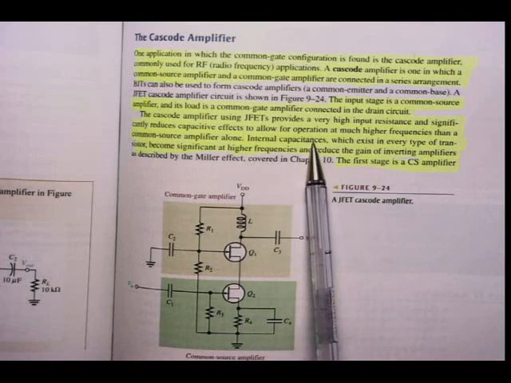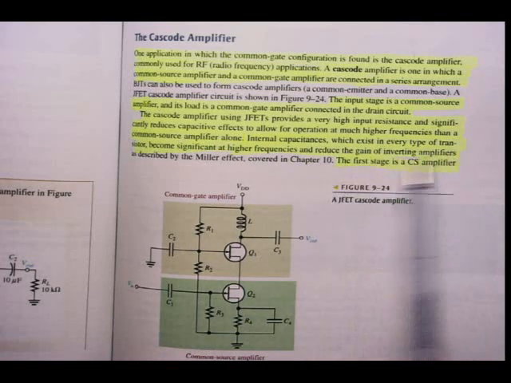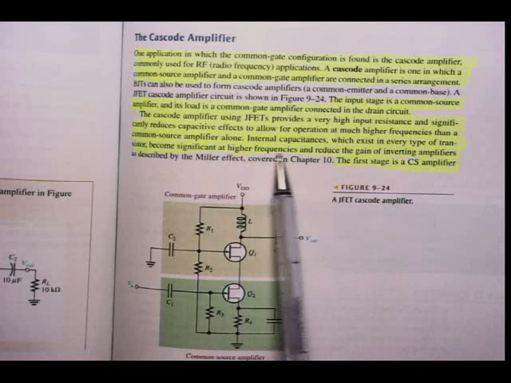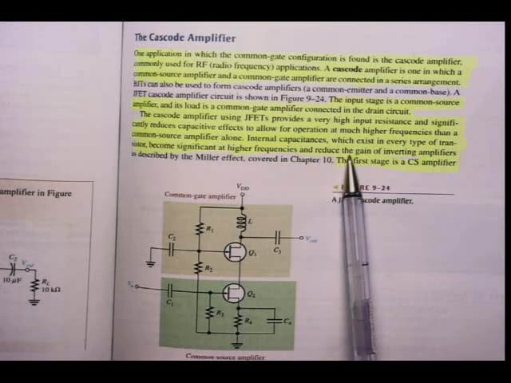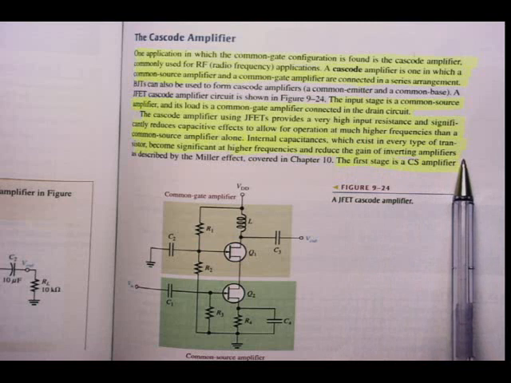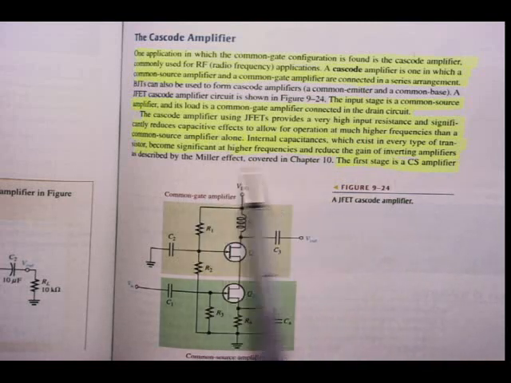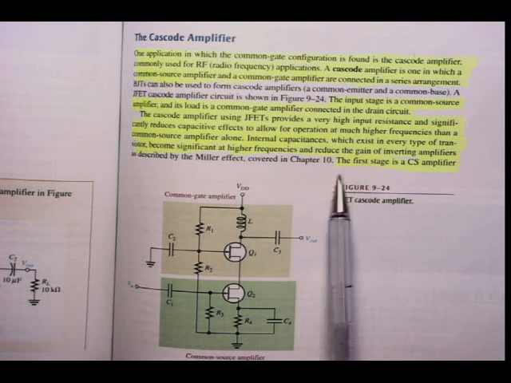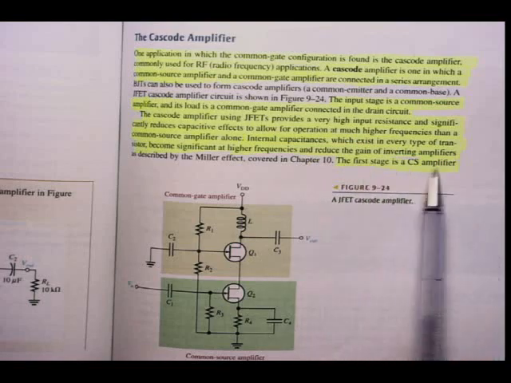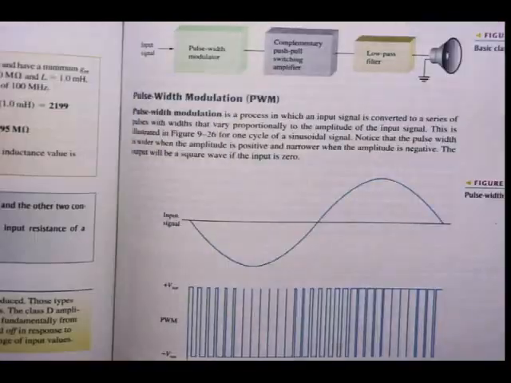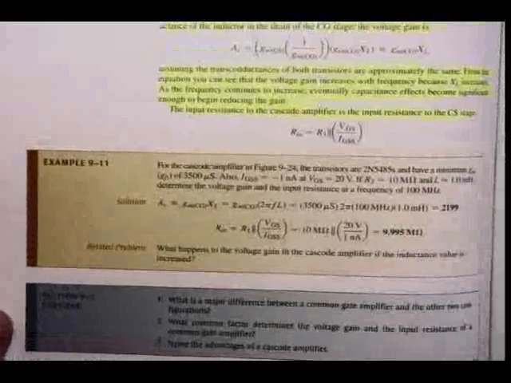Internal capacitances, which exist in every type of transistor, become significant at higher frequencies and reduce the gain of inverting amplifiers, which we've seen basically in chapter 10, because we have discussed chapter 10 already. So the first stage, common source amplifier, inverts the signal.